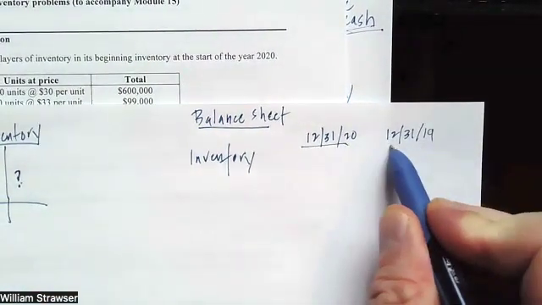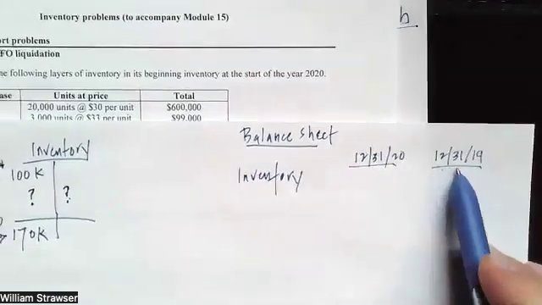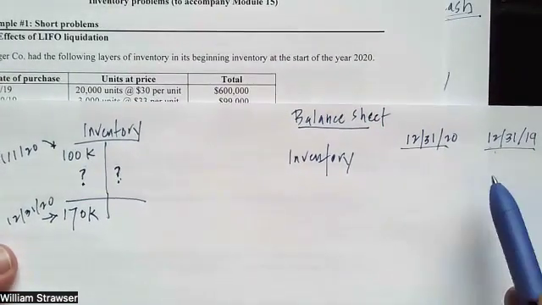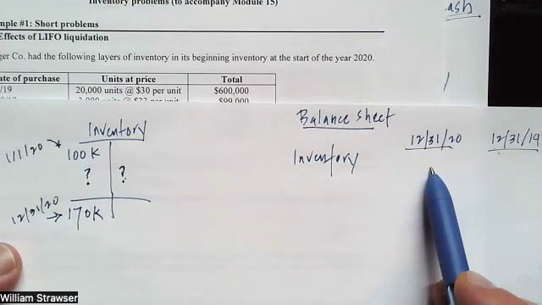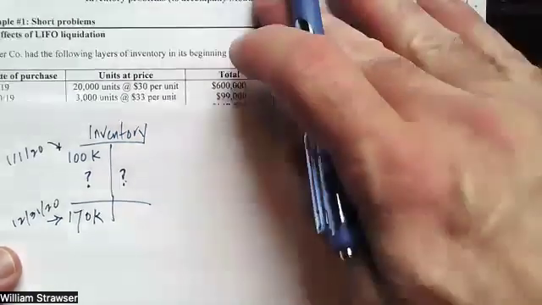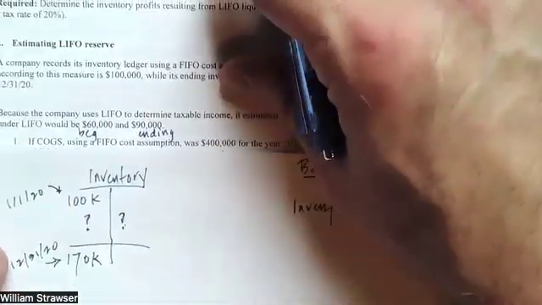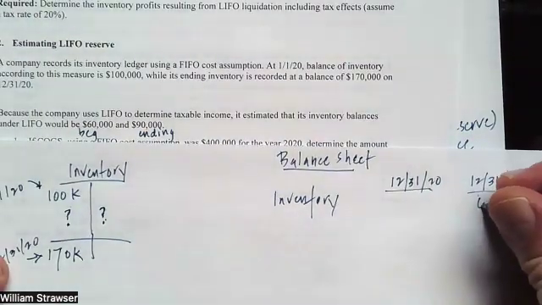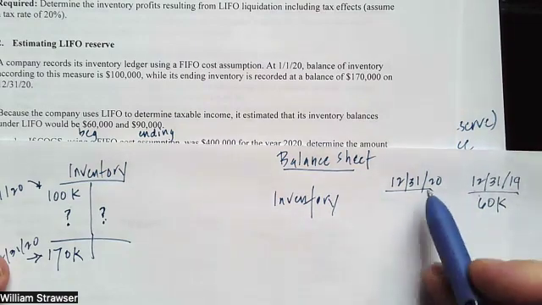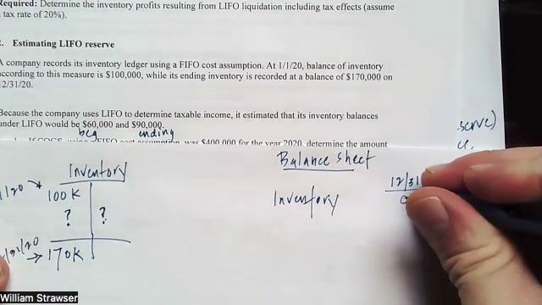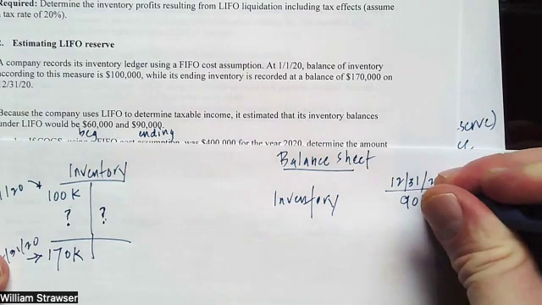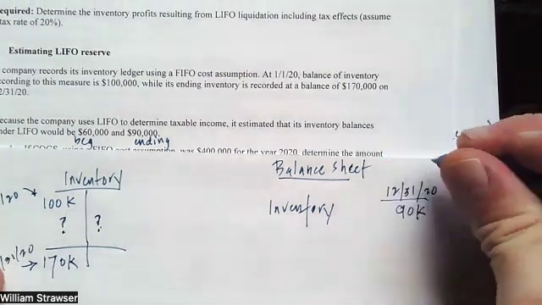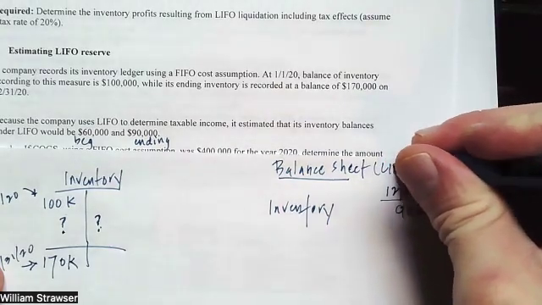And so we would have a balance both at the end of the prior year and a balance at the end of the current year. So it said that the balance at the beginning of the year, at the end of the prior year, was 60, and the balance at the end of the current year is 90. This is LIFO amounts because we're talking on the balance sheet, it reports under LIFO dollar value.